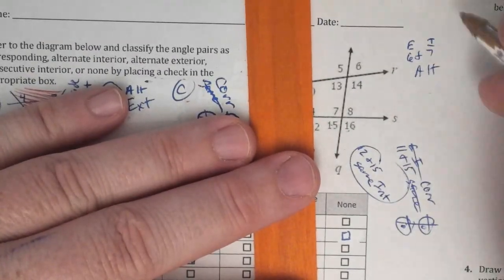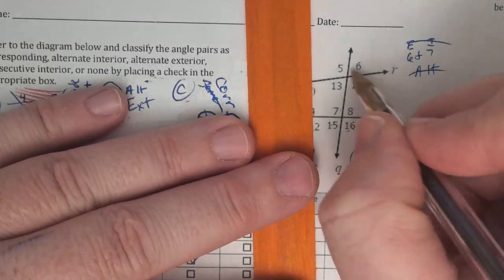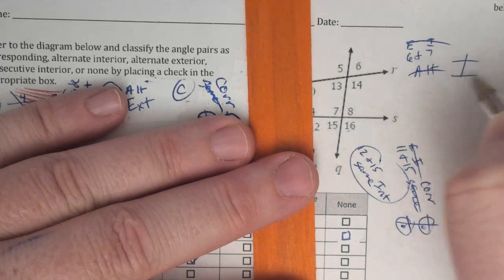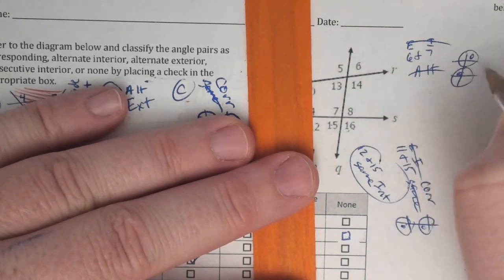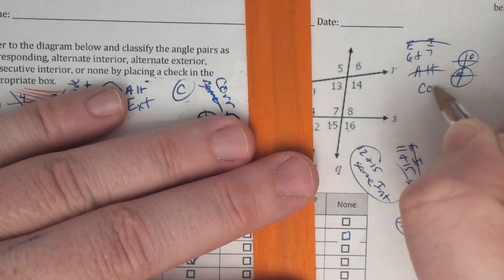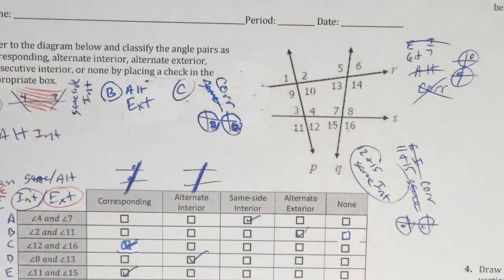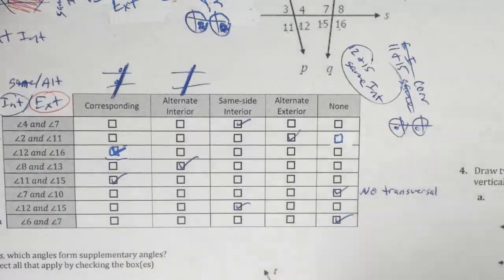So those are two different things. So I can't use that. How about corresponding? Are they in the same position? 6 is right here, but 7's right here, and they're not in the same position. This is the top right corner, this is the top left corner. So corresponding also does not work. So this would be no relationship, none. And those are the answers for number 1.